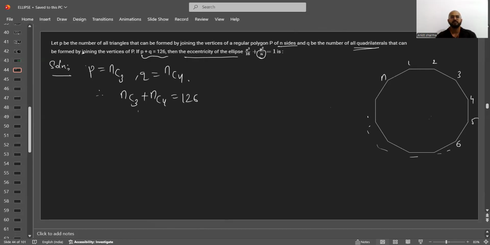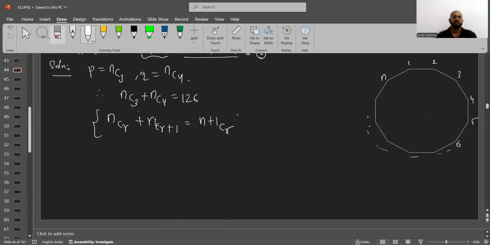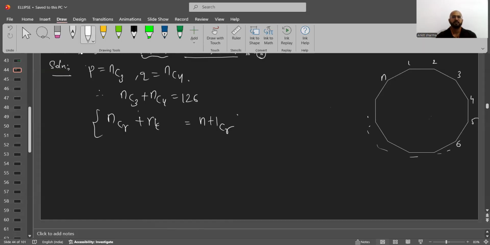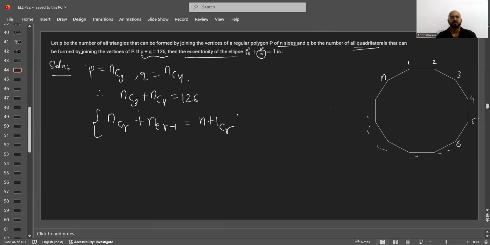So for nC3 plus nC4, we can apply the property that nCr minus 1 plus nCr is nothing but n plus 1 Cr. We can use this property and convert this to n plus 1 C4 is equal to 126.